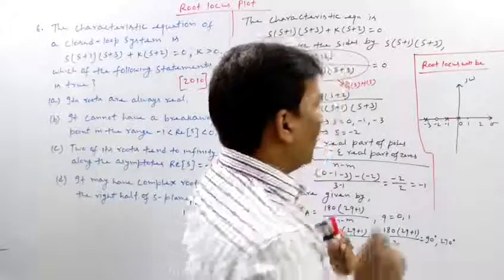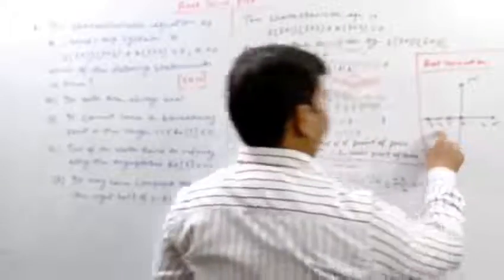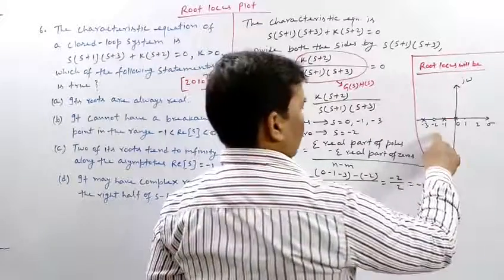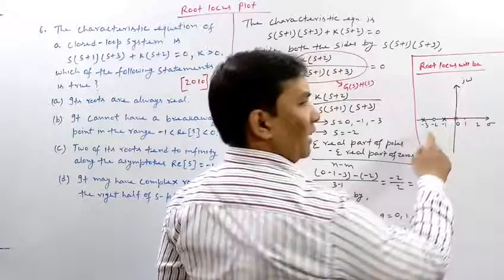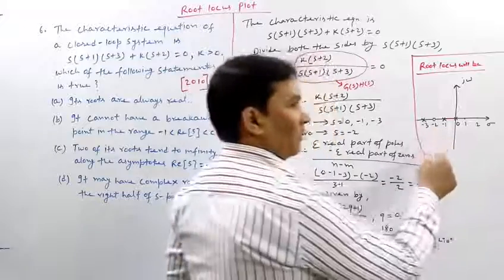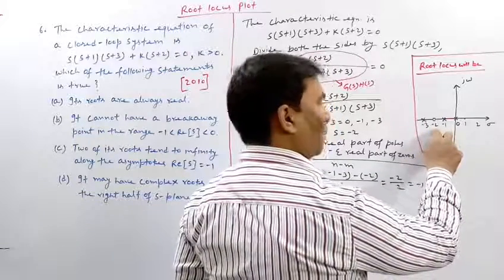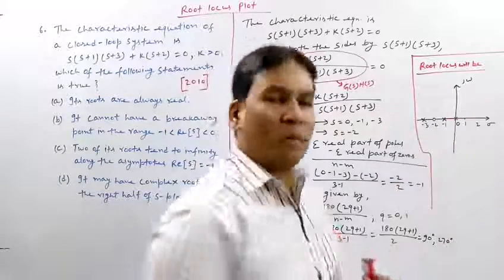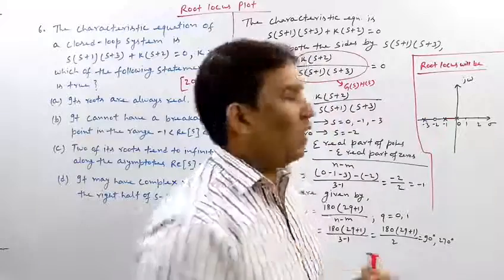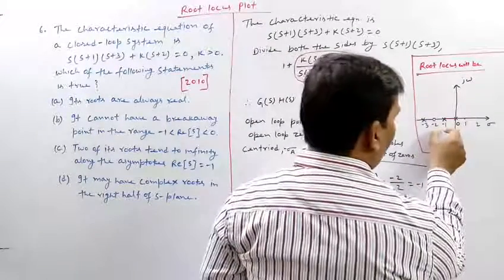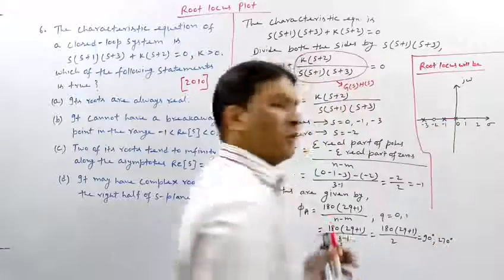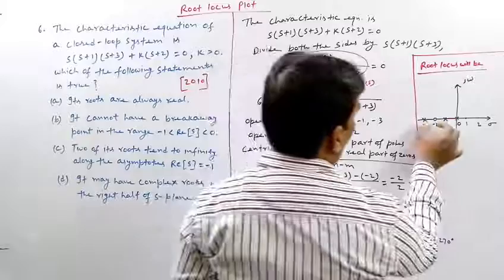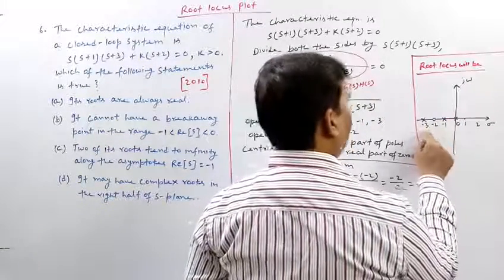Because the total number of poles and zeros to the right of the branch between -2 and -1 is 2, which is even. So this branch of the real axis will not be a part of the root locus.